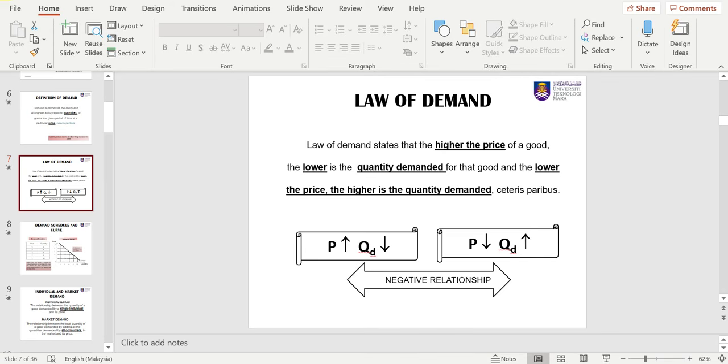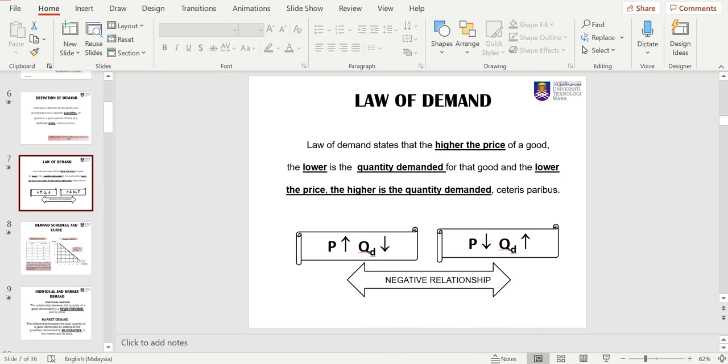If the price is expensive, they won't demand the product. They will try to find a cheaper product, and vice versa. If the price decreases, automatically the quantity demanded will rise because the buyer is very happy when the price is cheap. For example, when we have a year-end sale, or we have discounts on anything, of course buyers will start to buy more because the price is cheaper.